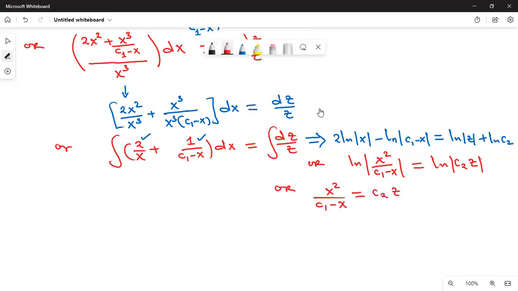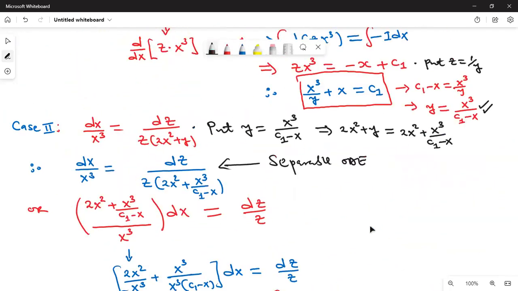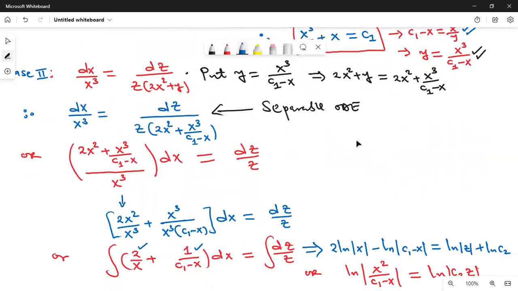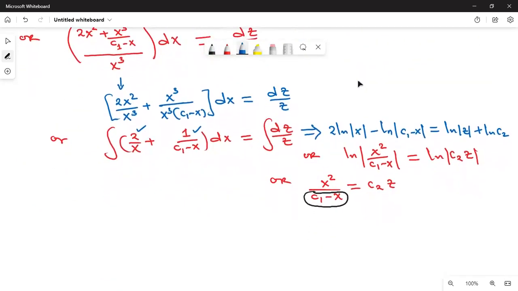But now we need to get rid of c1 minus x. What is this equal to? Let's see our solution in the first case. c1 minus x, we got it here. It was equal to x cubed over y. So we are going to replace that by x cubed over y. So we say put c1 minus x to be equal to x cubed over y.